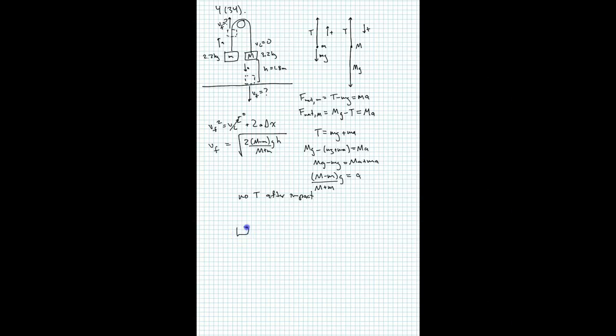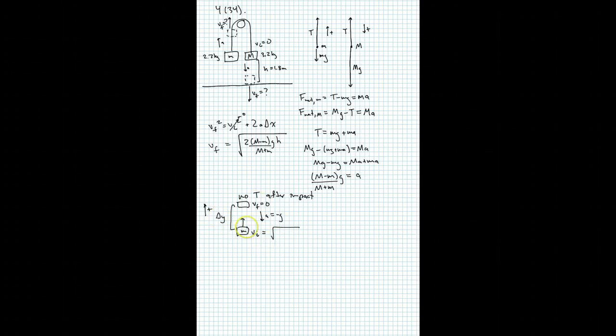So box little m is moving up. It's going to end up with a VF of 0. I'll call this delta y. I have positive be up. I'm in free fall, so my a is negative g, and my vi here is the square root of all that business that's up there.